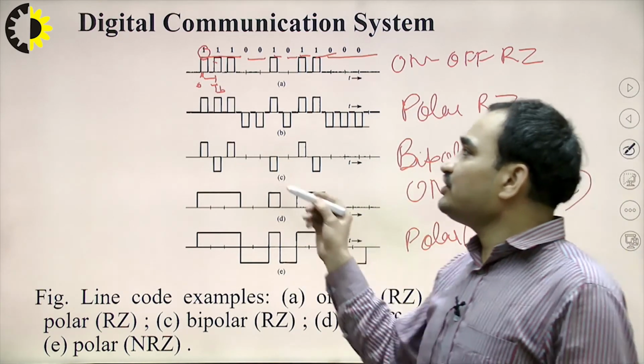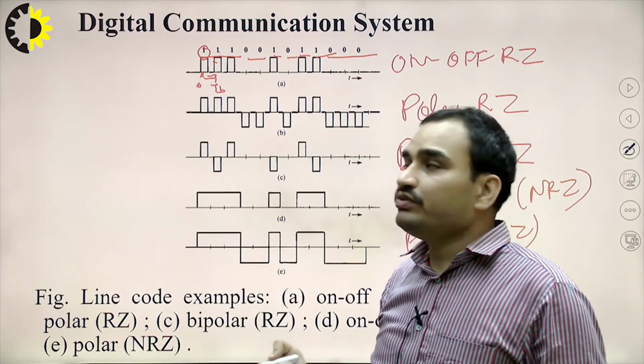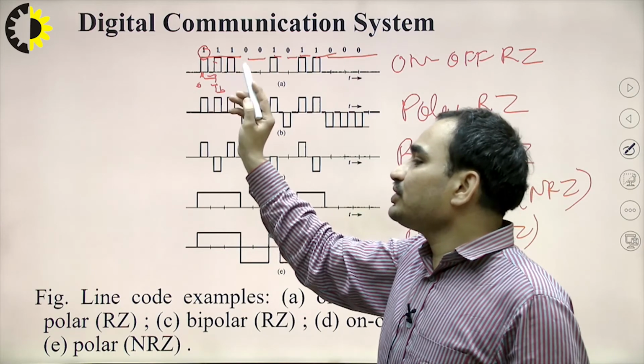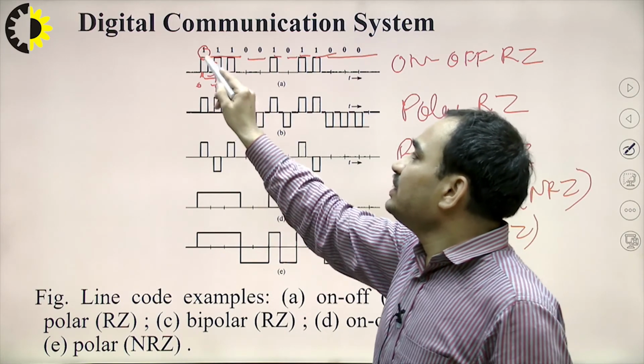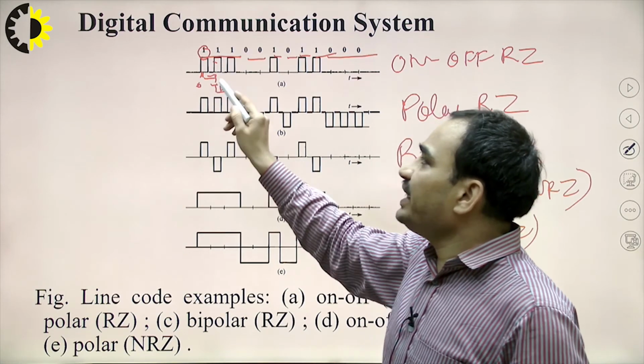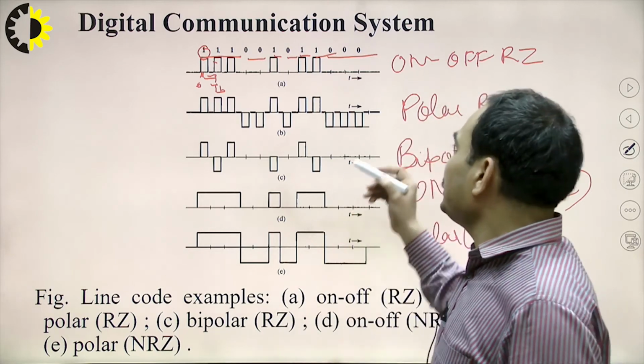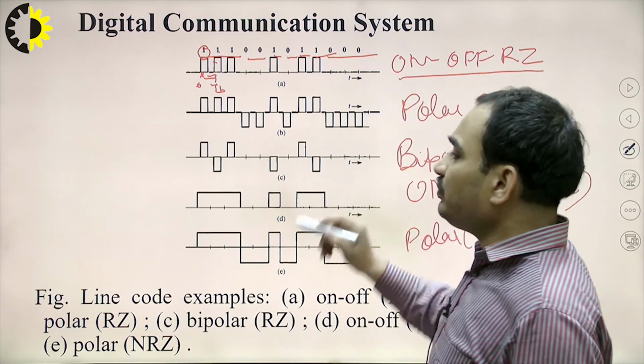Return to 0 means you have the signal for half the bit duration. If the bit duration is from 0 to TB, half the bit duration will be TB by 2. So for TB by 2 you have the signal, and for the remainder it returns to 0. So this is the on-off RZ.